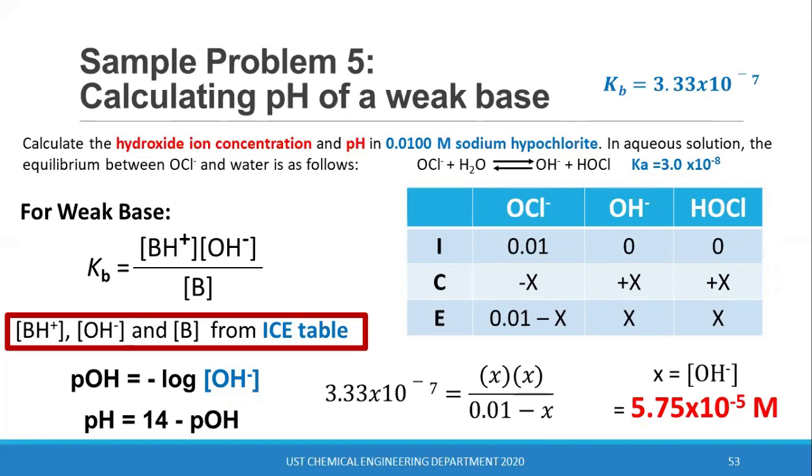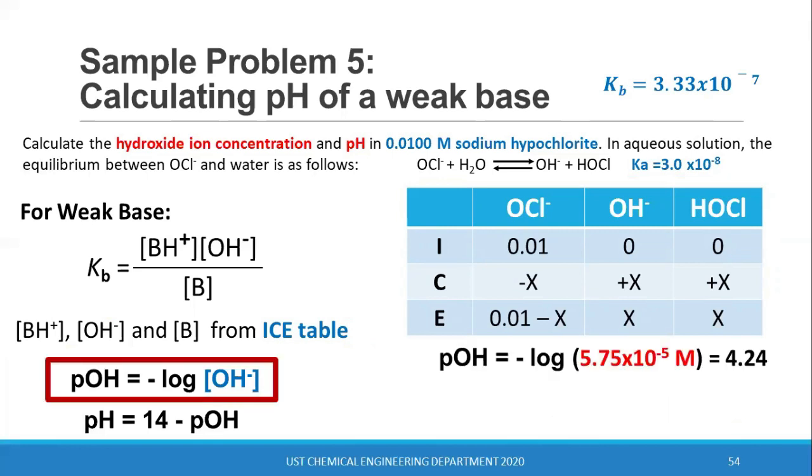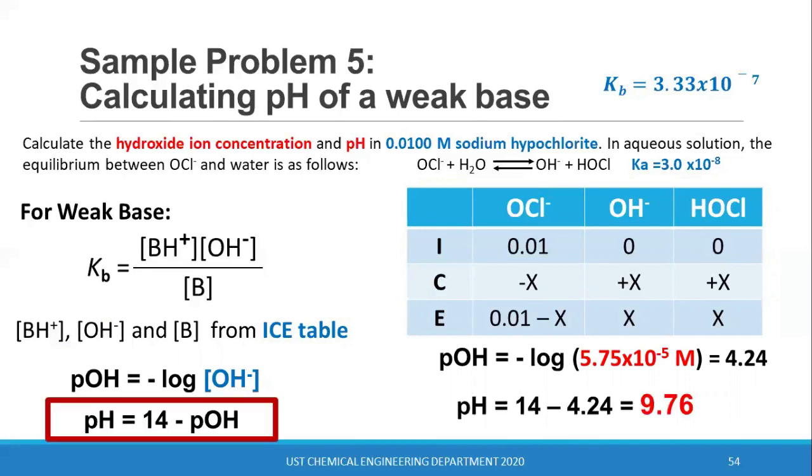Based on the ICE table, this is also the hydroxide ion concentration. Substituting the hydroxide ion concentration into the formula for pOH will give us the value 4.24. Solving for pH using the formula will give us 9.76. We have now completely solved sample problem number 5.